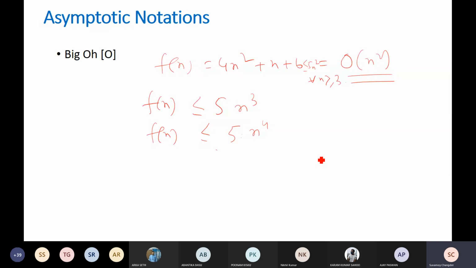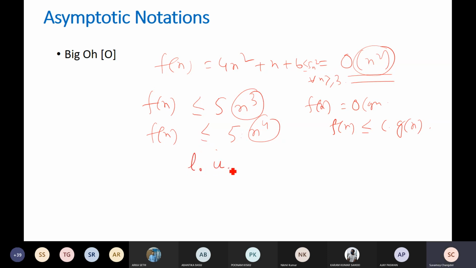Now which one to consider? As per our definition, f(n) is big O of g(n) if and only if f(n) is less than or equal to some constant into g(n). Here we are getting g as n square, n cube, n to the power 4. So which one to consider? Big O is defining the least upper bound.